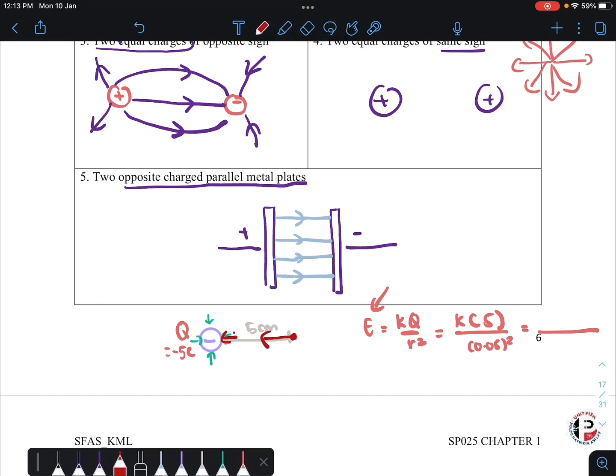So from this particular point, it is in the direction to the left.